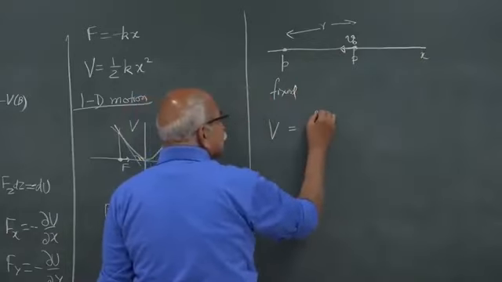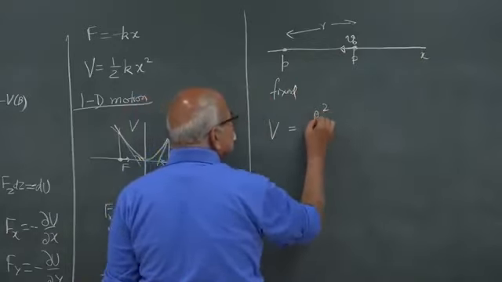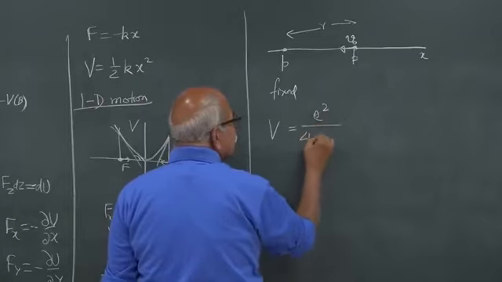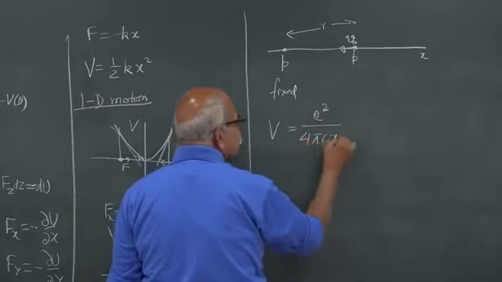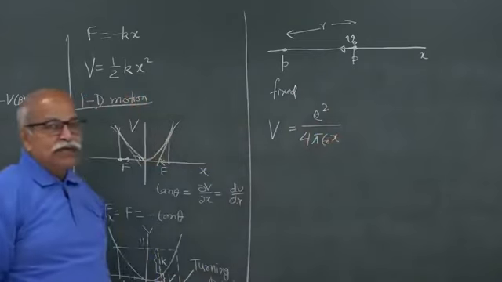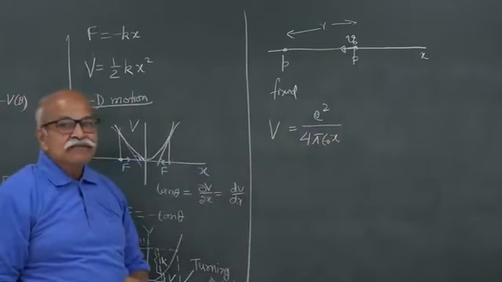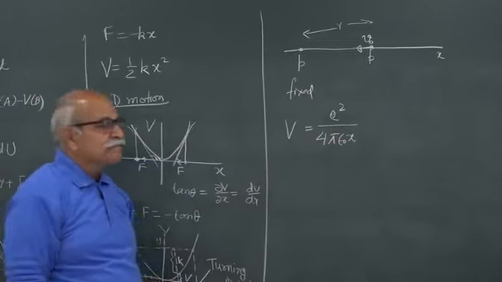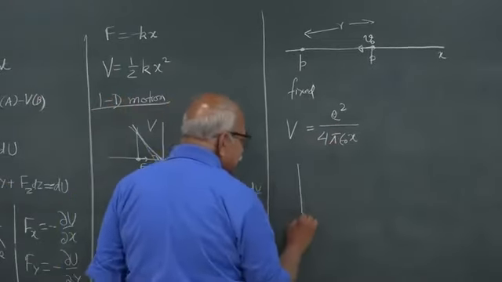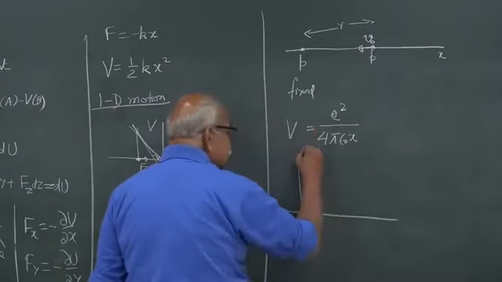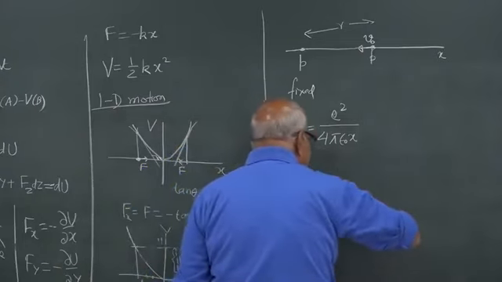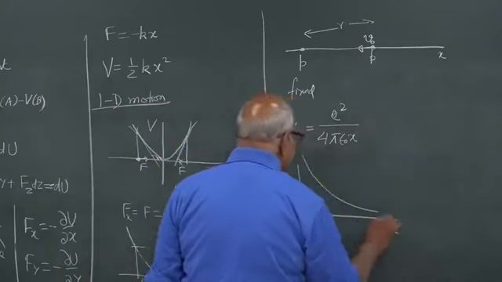So, it will be q1 q2 by 4 pi epsilon naught x, positive, both are protons. This is the potential energy as a function of x. If you plot, it will be a hyperbolic curve.